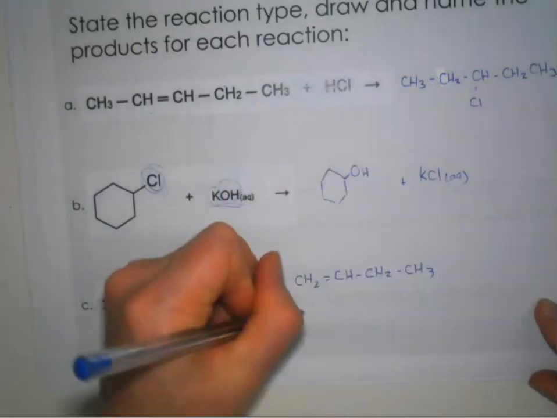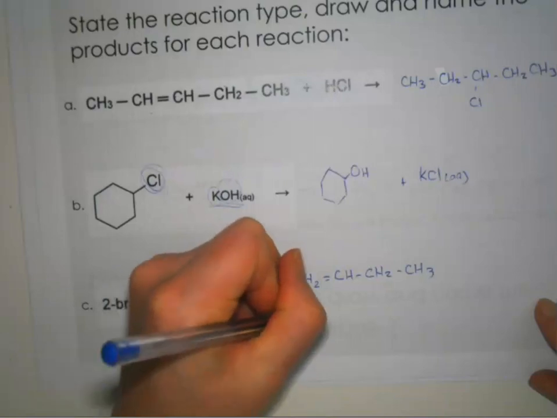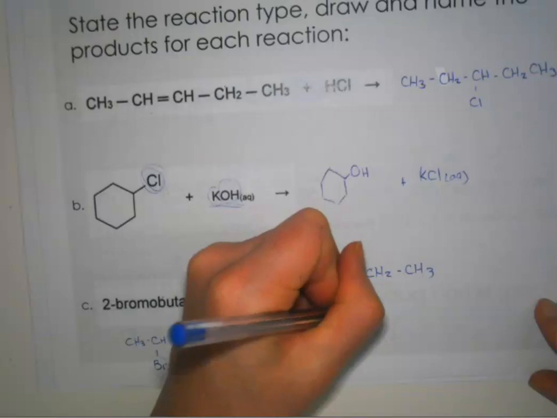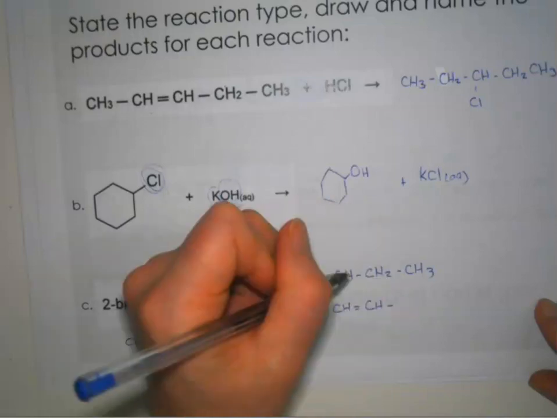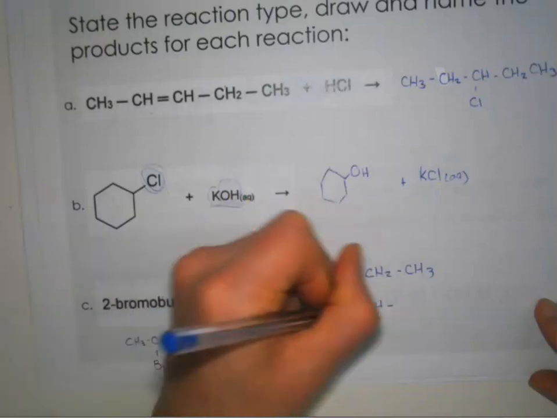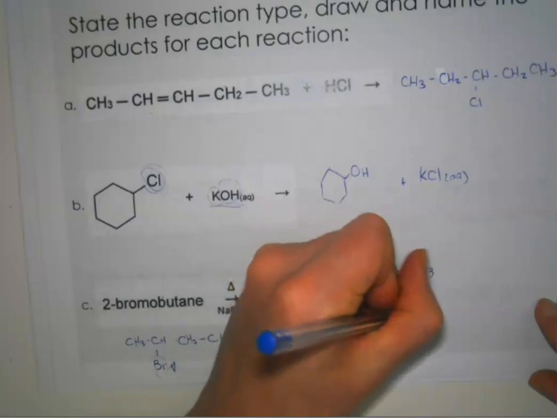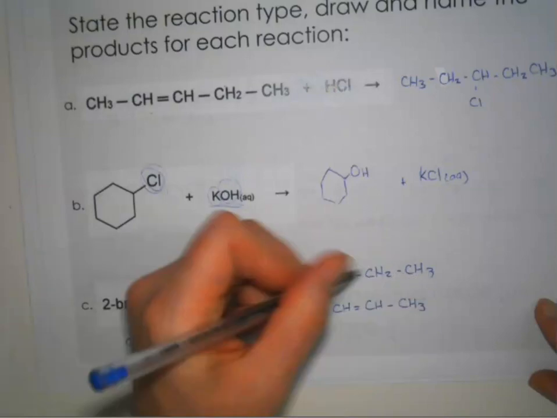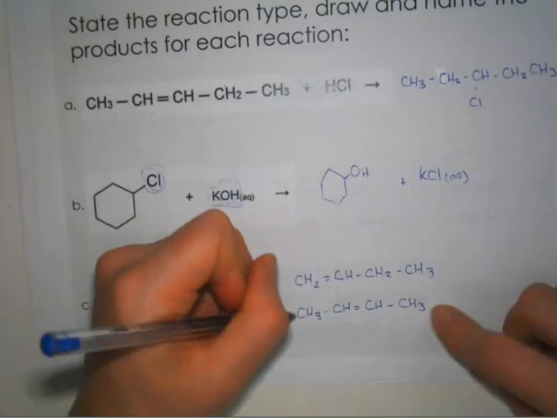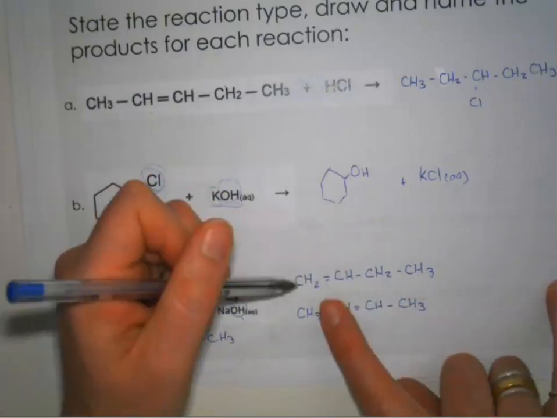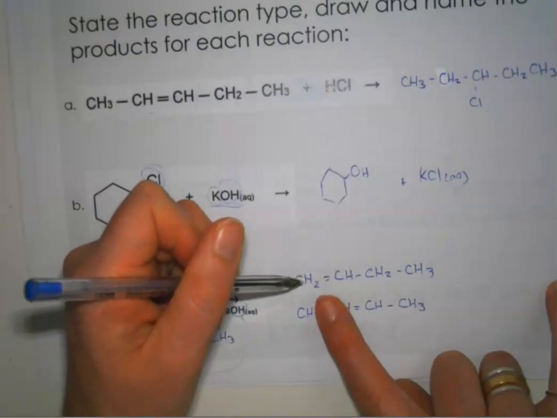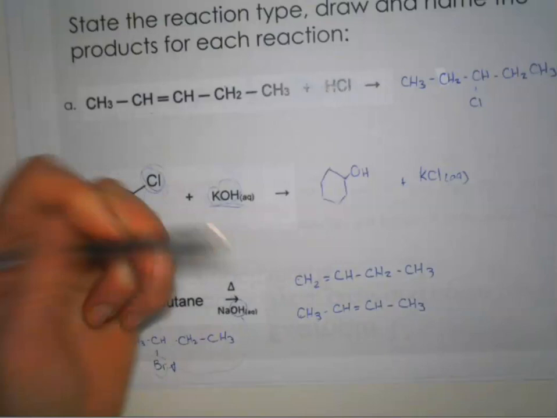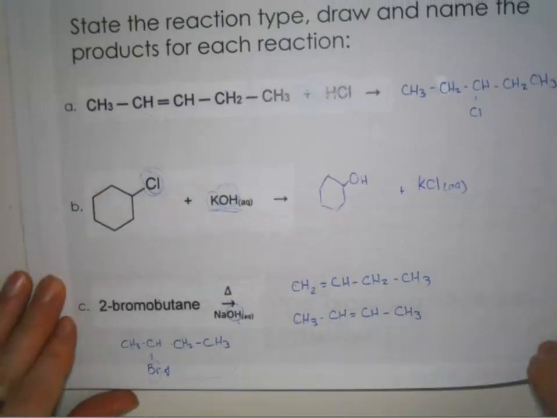Or you could have CH3, CH double bond CH, CH3. Let me just make sure that's 3, 6, 8, 2, 4, 7, 8. Yeah, okay, so I kept those proper. So then it would just basically be but-1-ene or but-2-ene, okay, for your names.